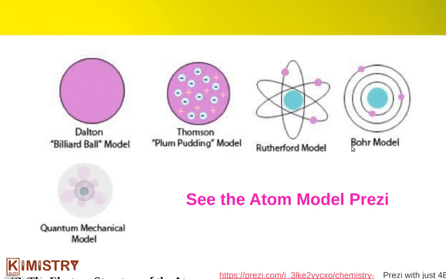Bohr's model. Now remember, after Rutherford we added the neutrons in there from Chadwick. Bohr's model has the orbiting electrons around the nucleus, like the planets orbiting the sun. They have orbits and energy levels. And the quantum model, which is electron clouds, probability clouds, and it's the most used now.